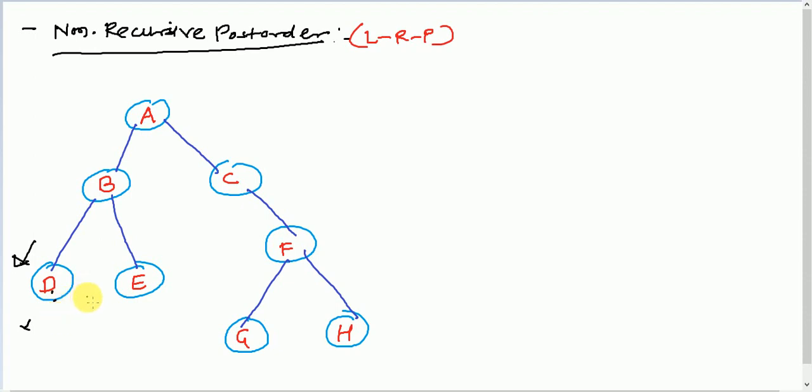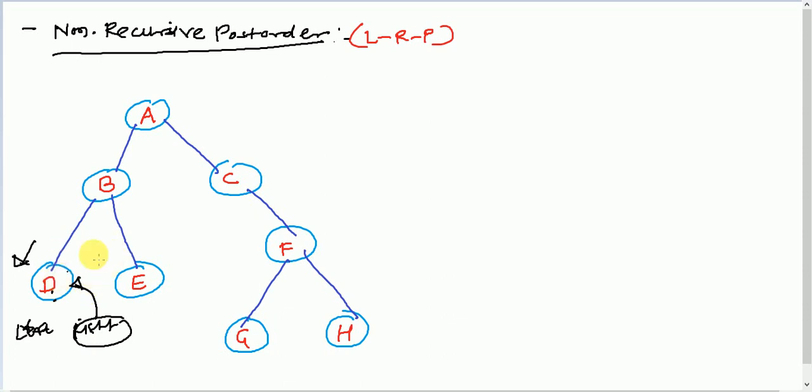For printing that node, first I have to go to the left of it, then check it for a right child. So in two conditions I'll visit the parent node. The first condition is if its right child is null, or the second is I am coming from the right node to the parent. Very important.